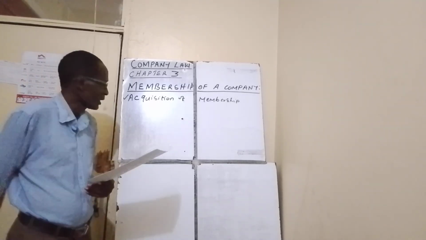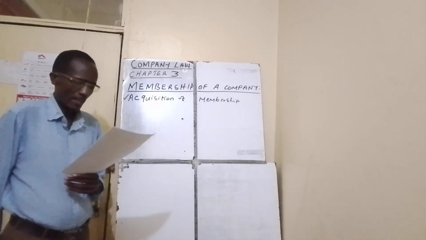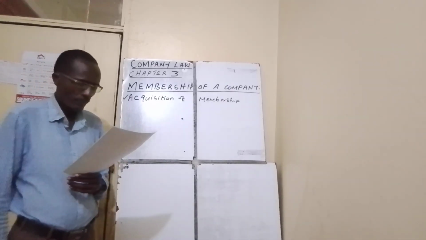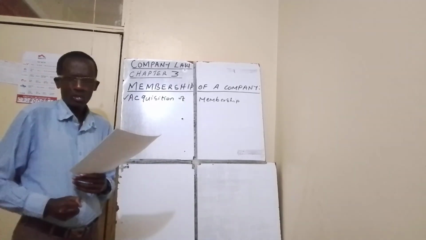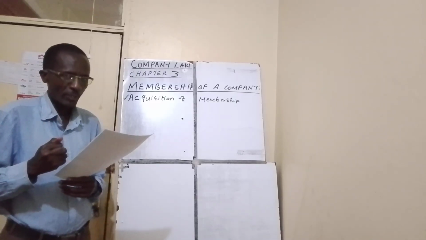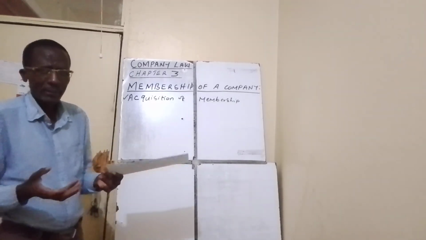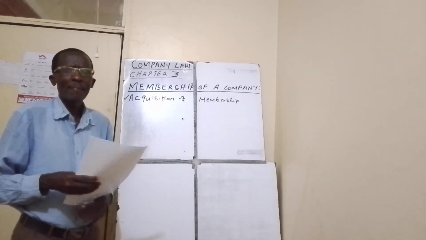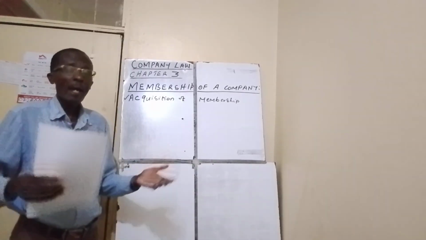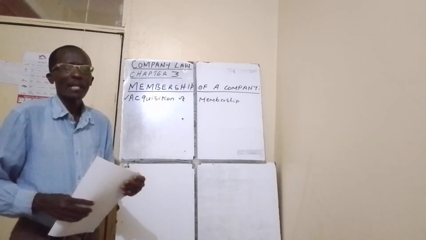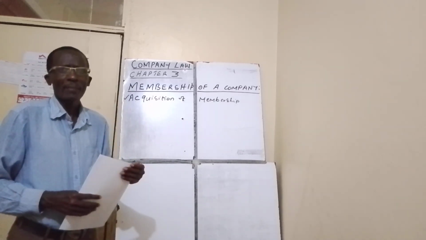That is one. Number two, the other way of becoming a member is by application and allotment. Once a company has been incorporated, usually the company will invite members of the public to apply for shares, to subscribe for the shares of the company.